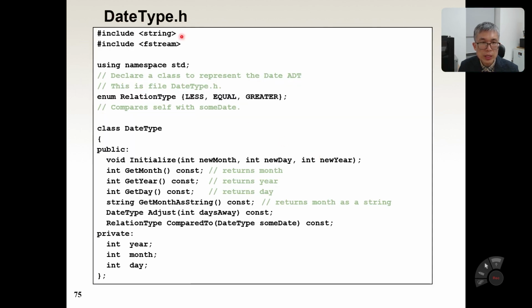This data type is in the namespace standard, right? So the functions, the scope resolution, okay, in this case we don't specify the scope resolution operator just because standard classes are used.